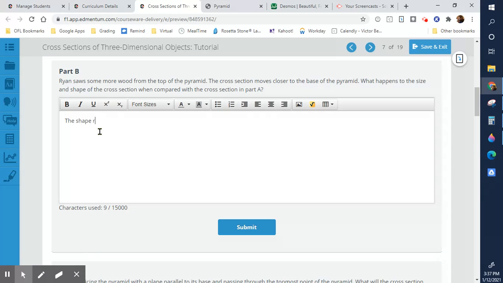The shape remains the same, but since he is cutting closer to the base, it becomes larger.